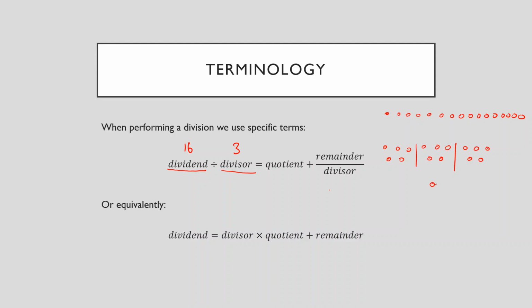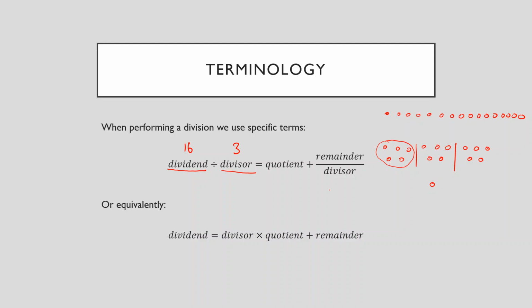So what we've done is we've divided 16 by 3, and you've seen that we end up with 3 groups of 5 objects. So the answer to 16 divided by 3 is 5 plus this stuff that's left over.